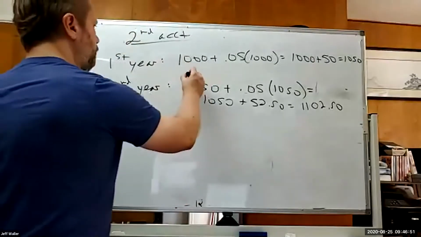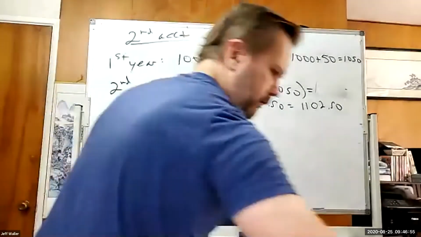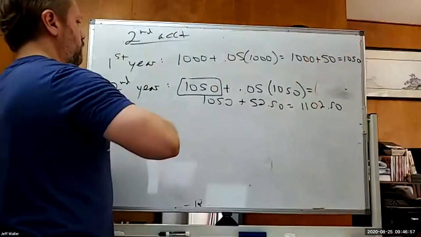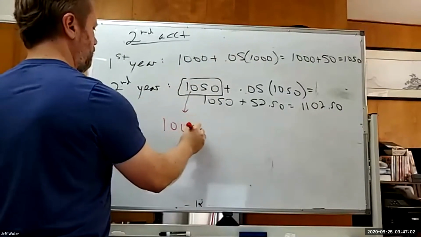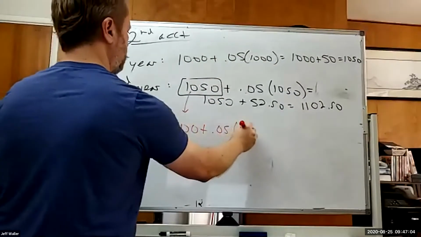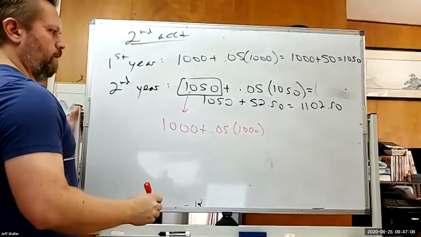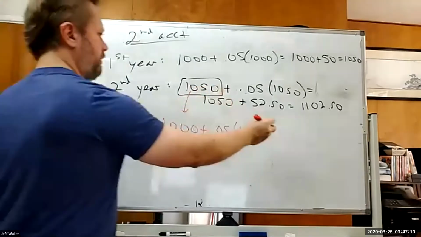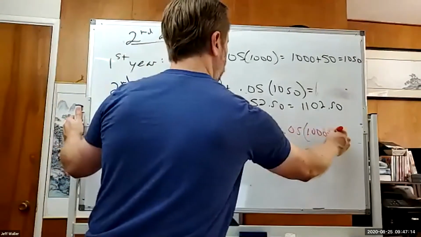So what we actually did, what was this? This is where I should really have more than one color. This was 1,000 plus 0.05 times 1,000. Right, that's what this was. And then this is plus 0.05 times 1,000 plus 0.05 times 1,000.